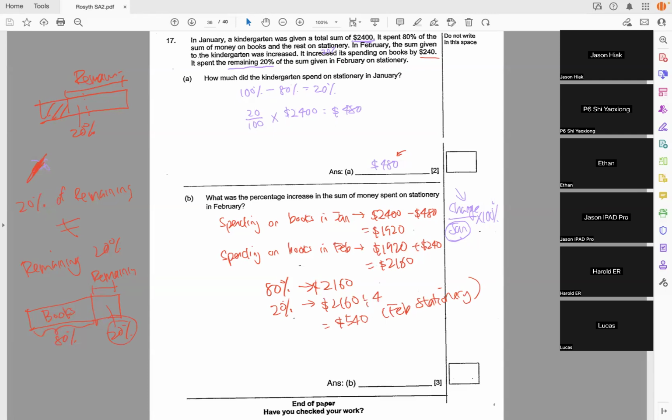So the increase, now we are looking back at this again. The change will be from 480 to 540, so there's an increase of 60. So percentage increase will be 60 over what it was before, which is 480, multiplied by 100%. And the answer is 12.5%.